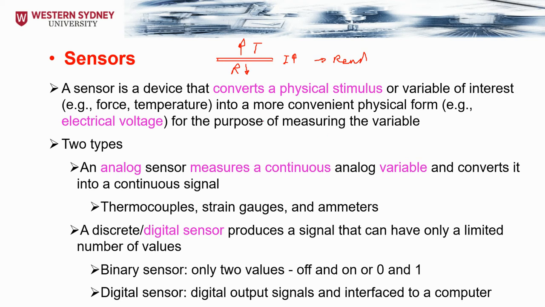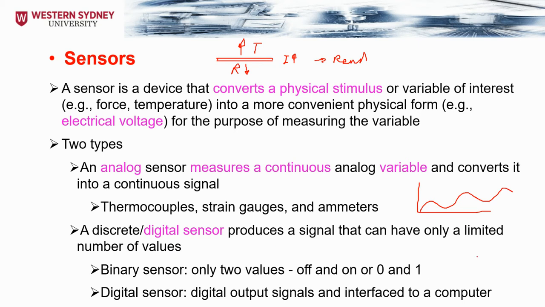We also can have the digital sensors, which is going to have digital output signals and the interface to a computers. Now, the difference between both, once again, if you're going to have a thermocouple or the analog system, the reading will look like that, continuous reading.